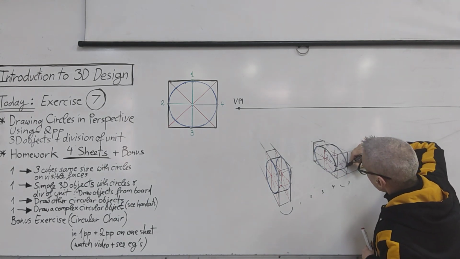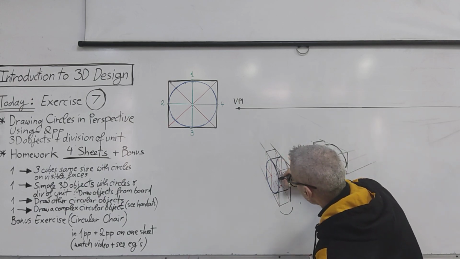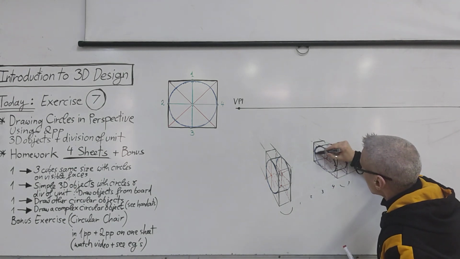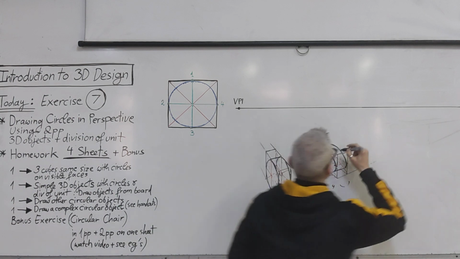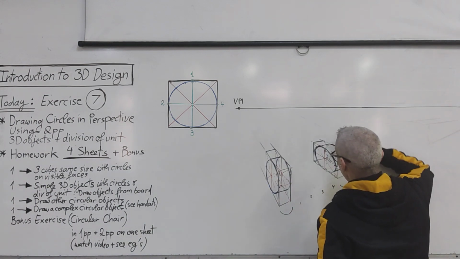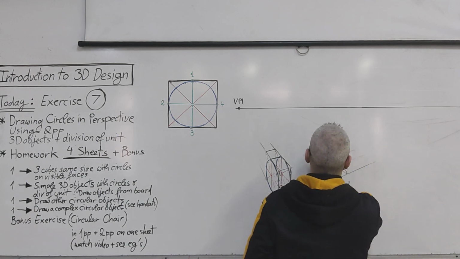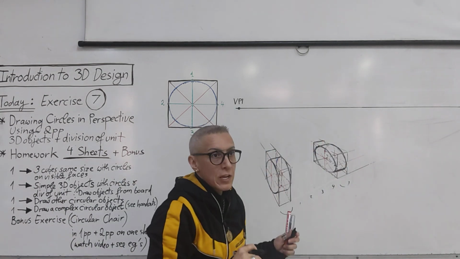The final object will look something like this here, more clear. So we will have two three-dimensional objects here and here.